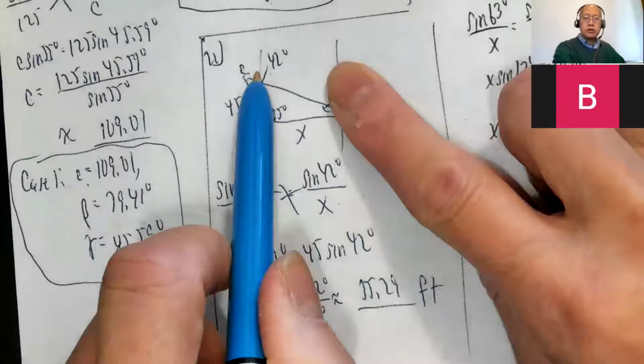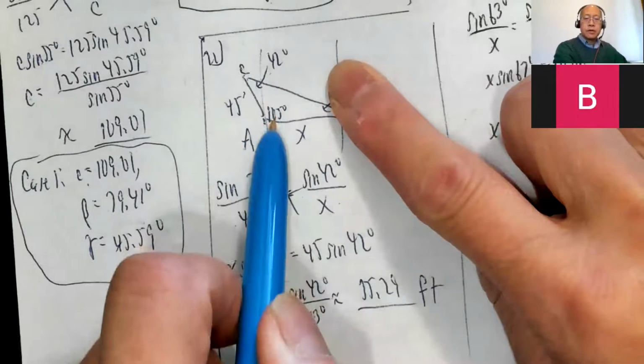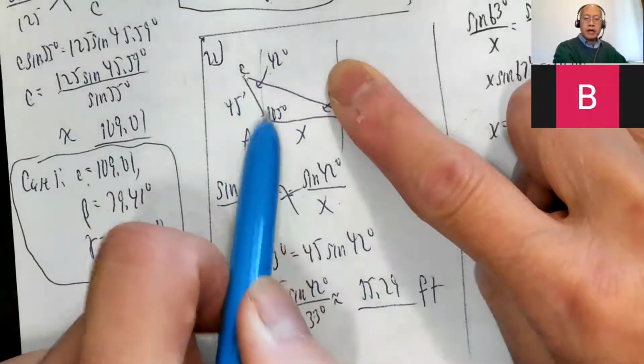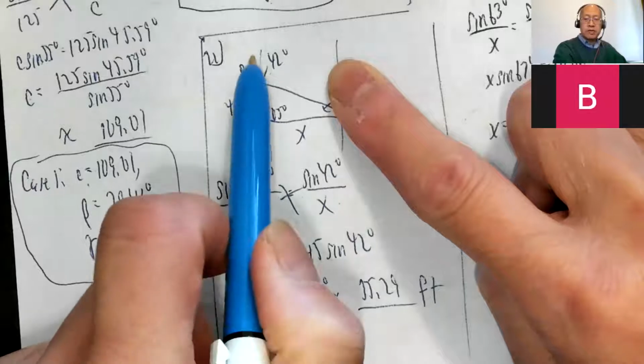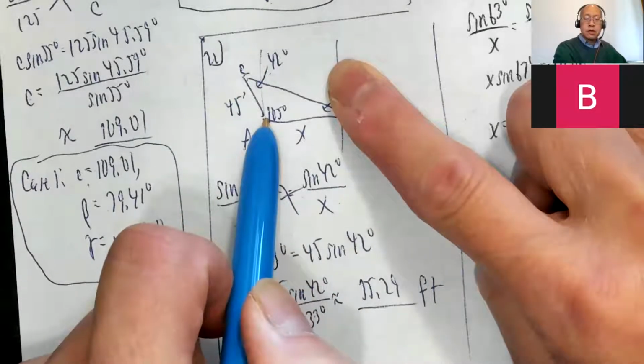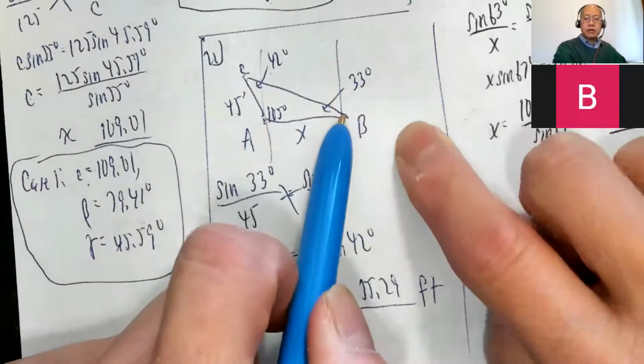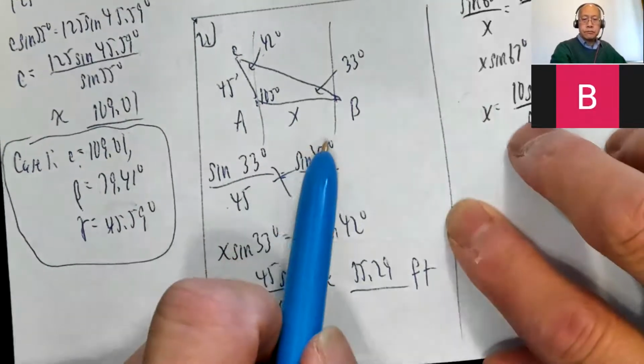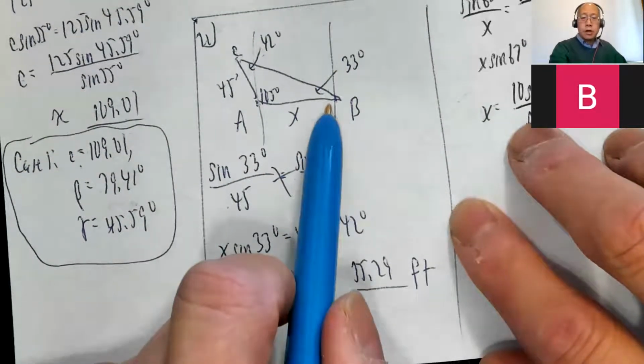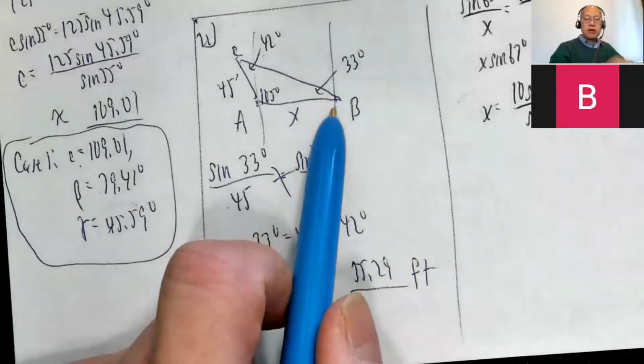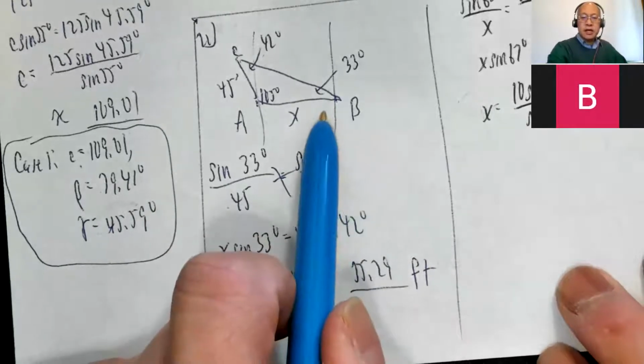Okay, so they gave me 42, 105. You can take 180 minus the sum. Let's see, 105 plus 42 is 147. 147 subtracted from 180 is 33. All right, then I can use law of sines, it looks like.